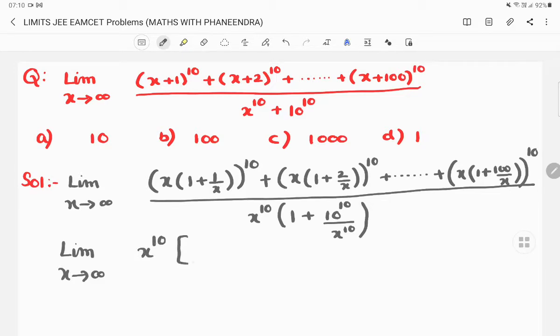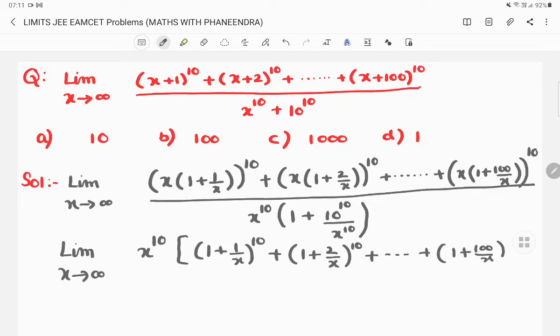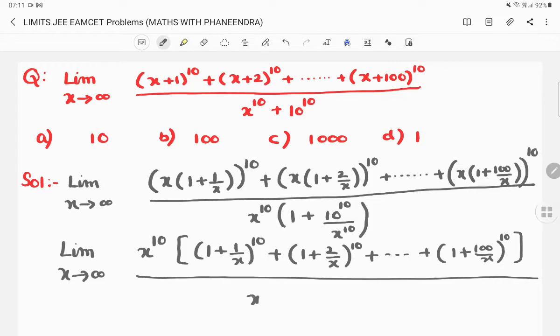Directly I am writing the remaining terms: 1 plus 1 by x whole power 10 plus 1 plus 2 by x whole power 10 plus and so on 1 plus 100 by x whole power 10, divided by x power 10 into 1 plus 10 power 10 by x power 10, which means 10 by x whole power 10. So here x power 10 gets cancelled.